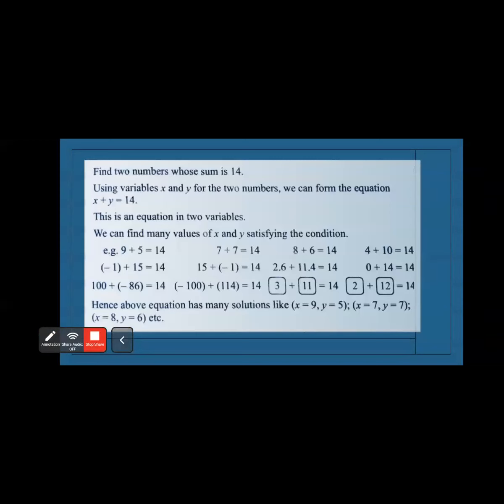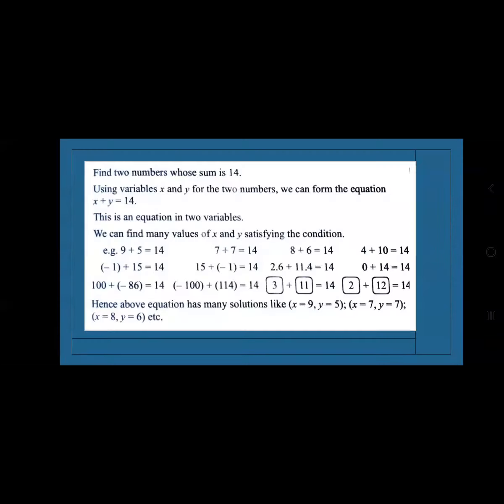Using x and y for the two numbers, we can form the equation x plus y equals 14.